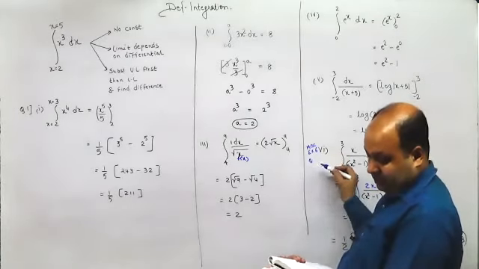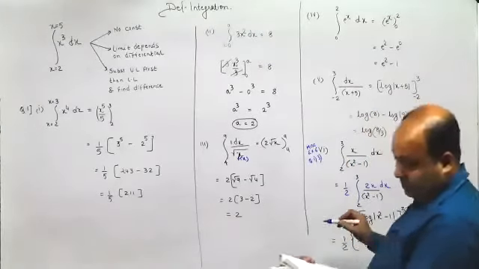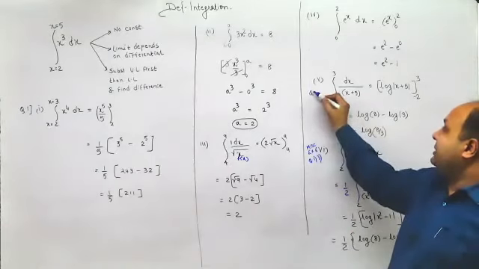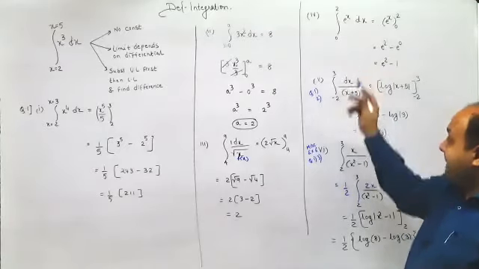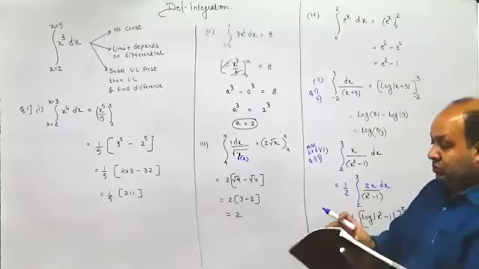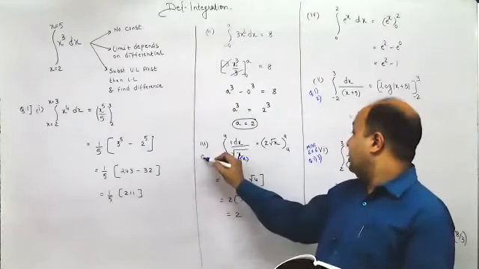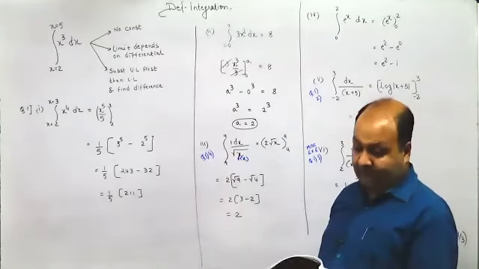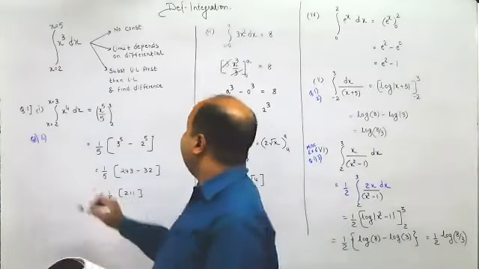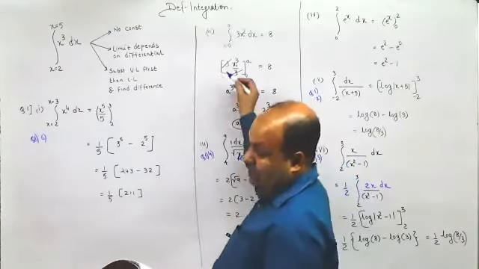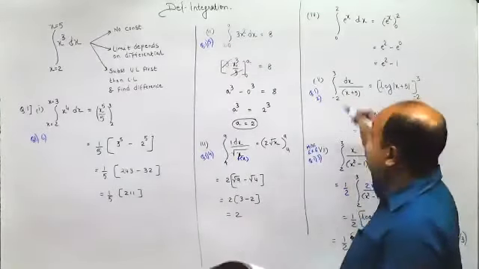Question number 3, question number 1, the third part. This is question number 1, the second part, miscellaneous exercise 6. This is question number 4. This is question number 1, the sixth part. This is question number 1, the fifth part. This is question number 1, the seventh part.